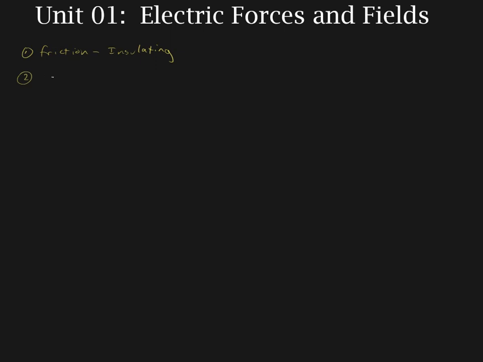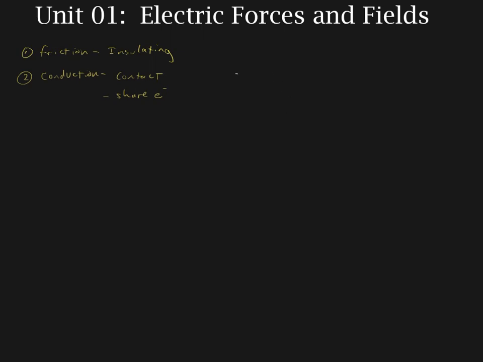The second type of charging is charging by conduction. And conduction occurs between two conducting materials, and it is by contact. When two objects are charged through conduction, they simply share the electrons. And what I mean by that is this.